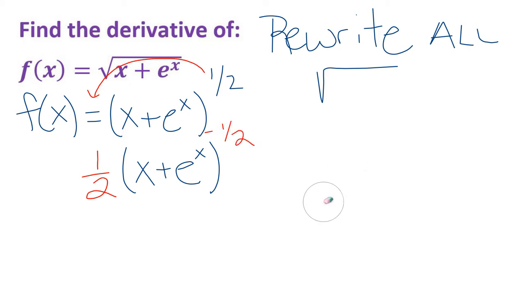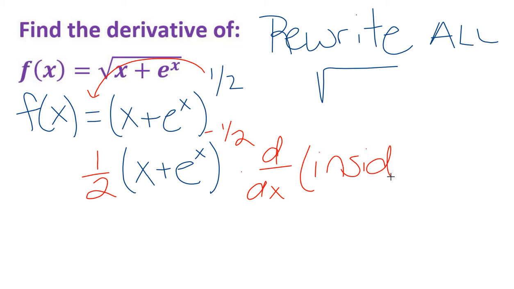Now the last part of the chain rule is that you have to multiply it by the derivative, d dx, of the inside. Let's see what that is, and that's not bad, because remember, e to the x is its own derivative.